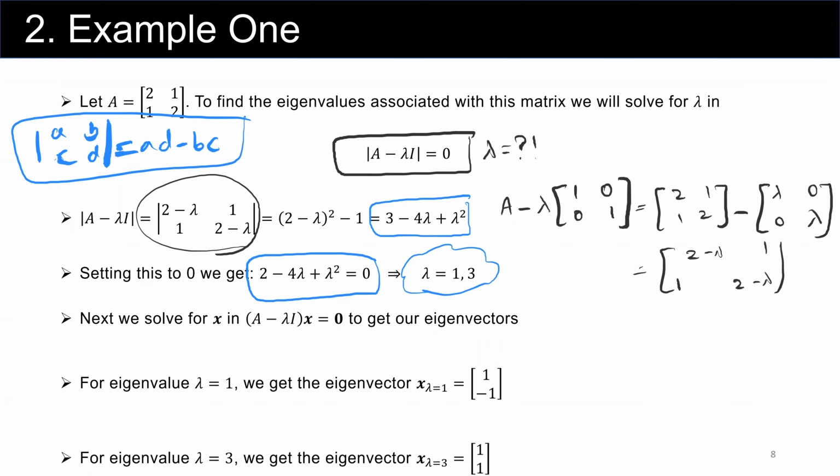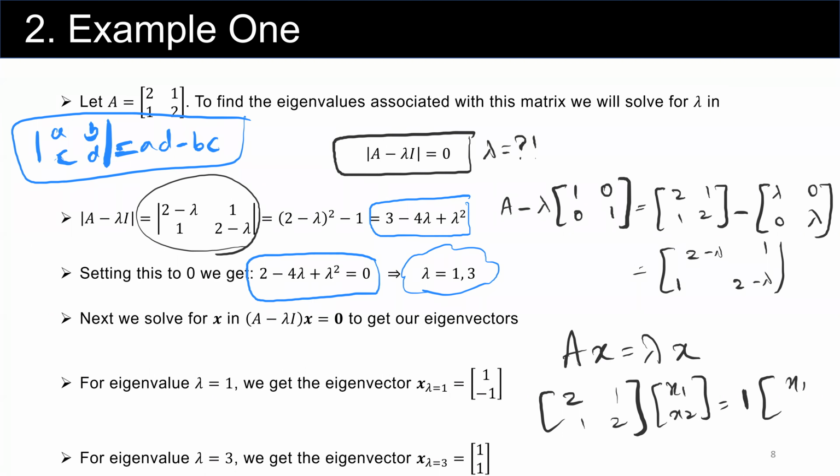So for each of these eigenvalues, we can find an eigenvector. How do we do that? By using this equation: Ax is equal to lambda x. So we know the value of A, [2, 1; 1, 2]. We don't know the value of x, x sub 1, x sub 2. We know lambda. Let's say for lambda equal to 1, 1 multiplied by x sub 1, x sub 2.